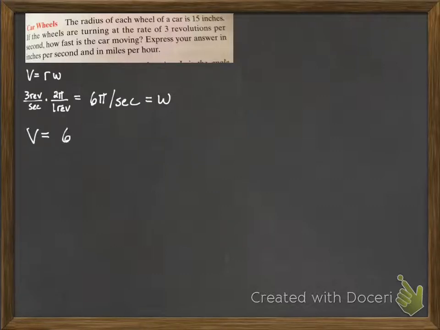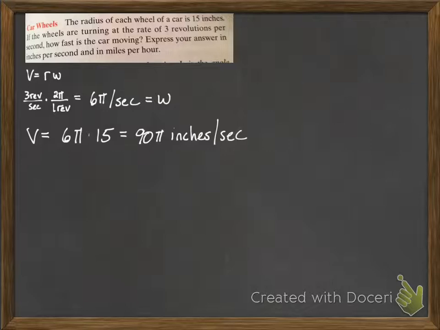So 6 pi times our radius of 15 inches, and we find out that the velocity is 90 pi inches per second.